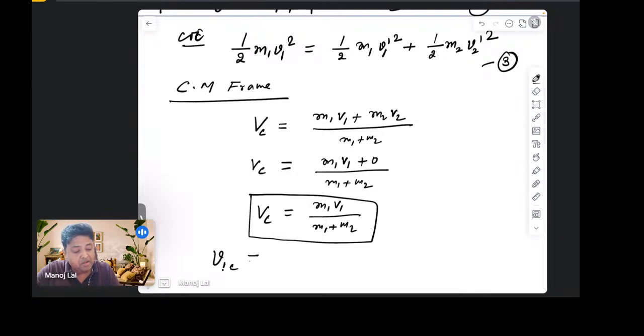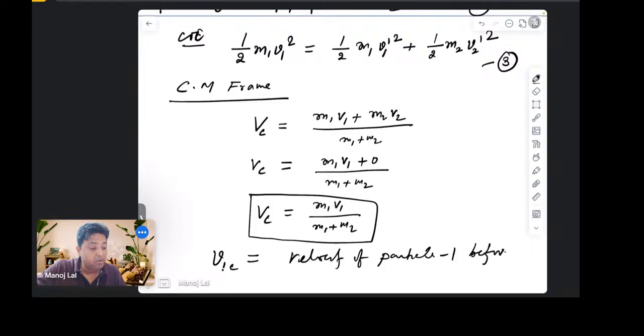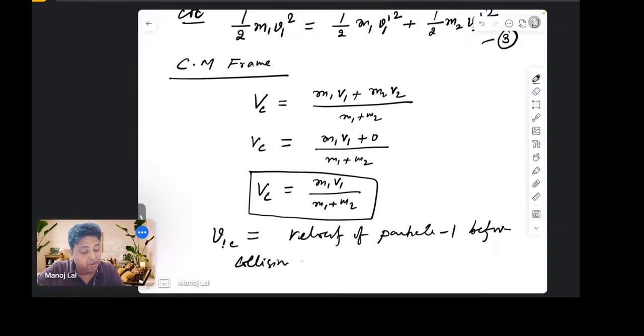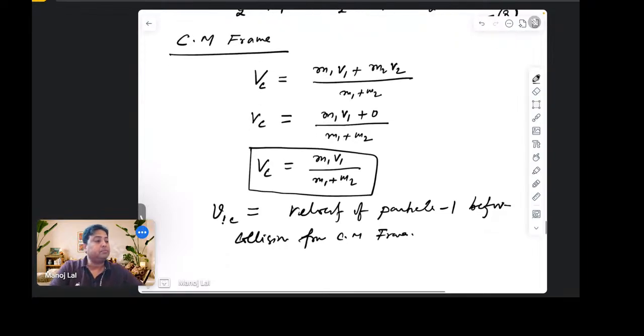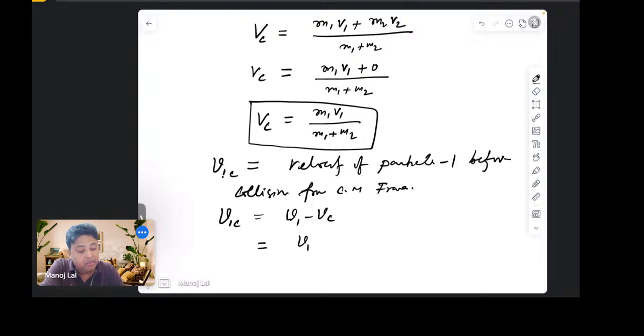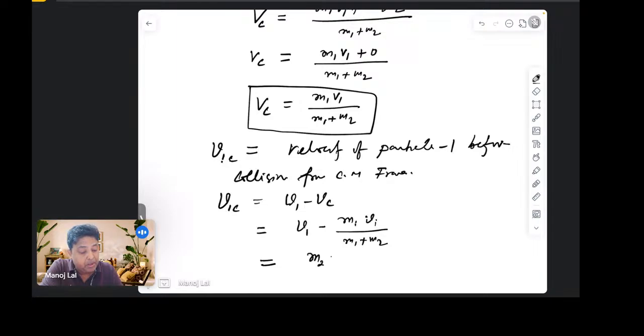V1C, the velocity of particle 1 before collision from the center of mass frame, will be v1 minus Vcm. So that is v1 minus m1 v1 by (m1 plus m2), which gives m2 v1 by (m1 plus m2). That is V1C, right?